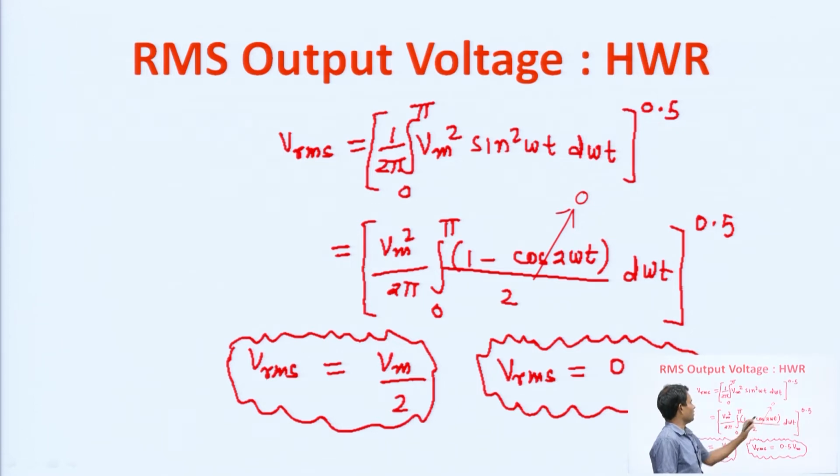So, this term vanishes. We just need to integrate d omega t, which is omega t, and taking the limit 0 to pi, it becomes Vm upon pi. Finally, the RMS voltage of the half wave rectifier is Vm upon 2, that is 0.5 Vm, which is 50% of the peak value of the output voltage.